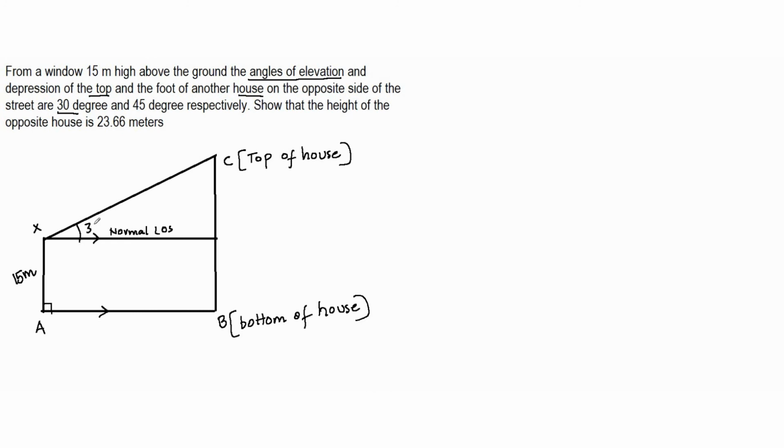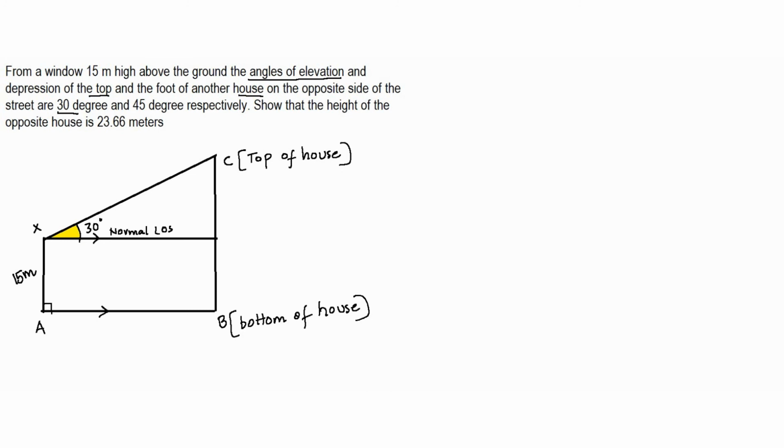Therefore, I would apply a 30 degree angle over here. Again, this is the normal line of sight. To look at the top of the house on the opposite street, you experience an angle of elevation, which means that the other house is taller than the window.